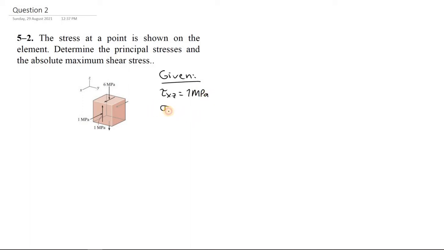We have a normal stress in X as negative 1 megapascals. We also have a normal stress in the Z direction as negative 6 megapascals. Our normal stress in Y does not exist, so it's just 0 megapascals. There's a reason I've noted that out.